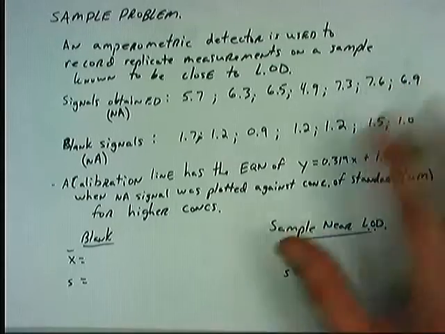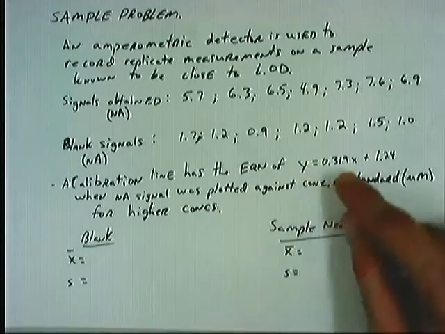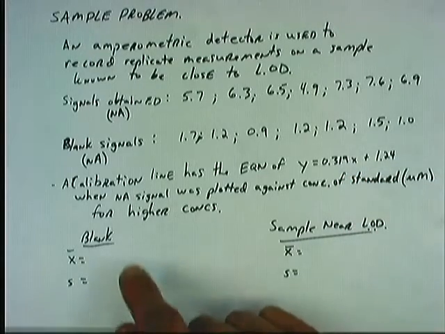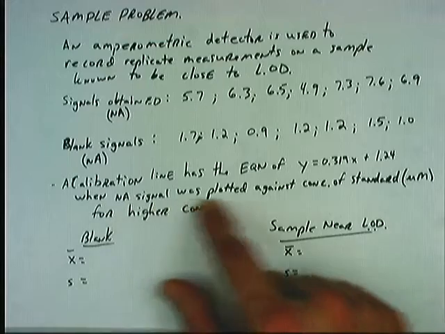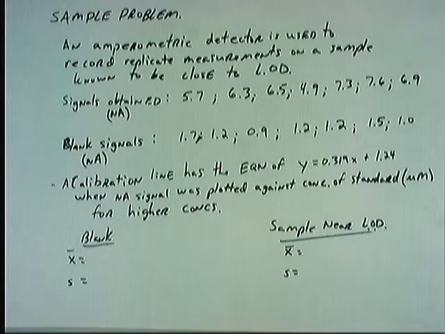The problem then goes on to read a calibration line has the equation y equals 0.319x plus 1.24, when the nanoamp signal was plotted against the concentration of standard in micromolar units for higher concentrations.